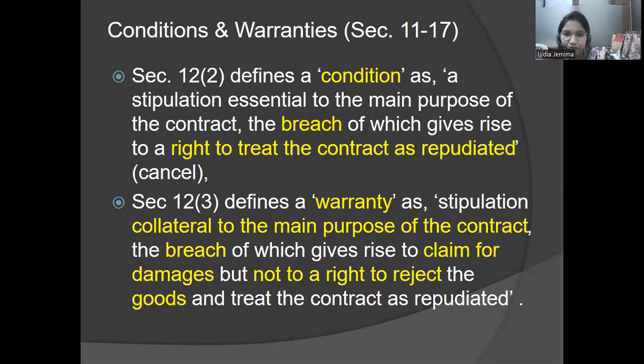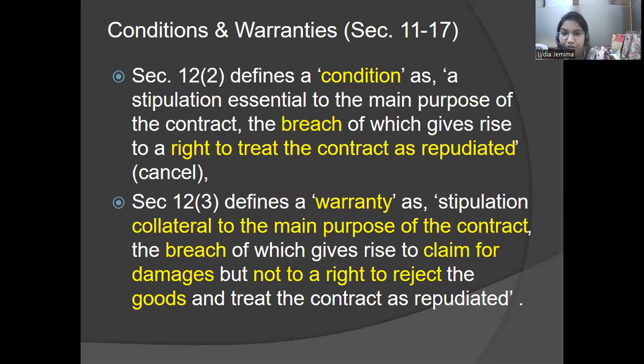Okay. So the next topic which we will be moving on to is conditions and warranties. Conditions and warranties are covered in sections 11 to 17. So what is a condition and what is a warranty? Section 12, subsection 2 defines a condition as a stipulation essential to the main purpose of the contract, the breach of which may give rise to a right to treat the contract as repudiated.